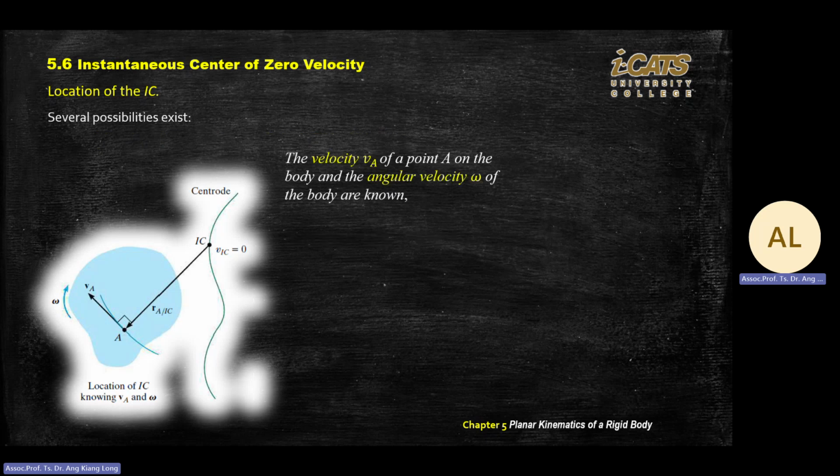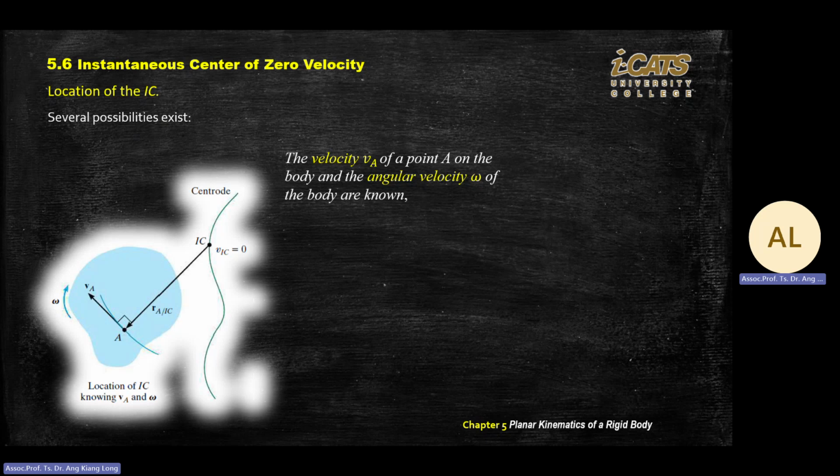So there are several possibilities when you want to find the location of IC. First, you need to identify your velocity. IC always relates to your velocity. So the velocity of the body, let's say velocity VA, and the angular velocity omega are known. You must know these two things on the body.